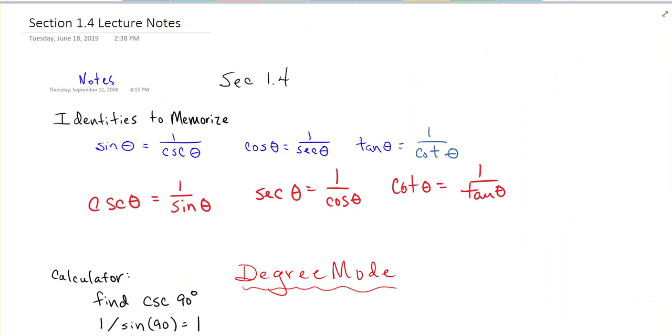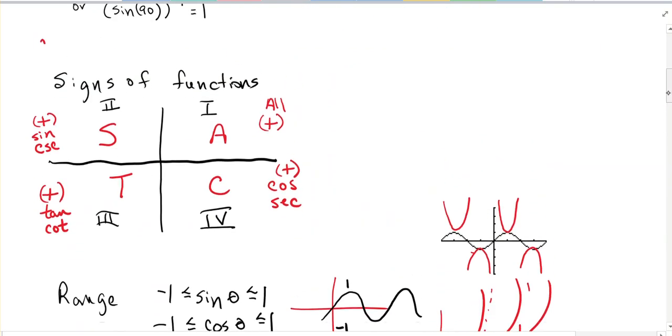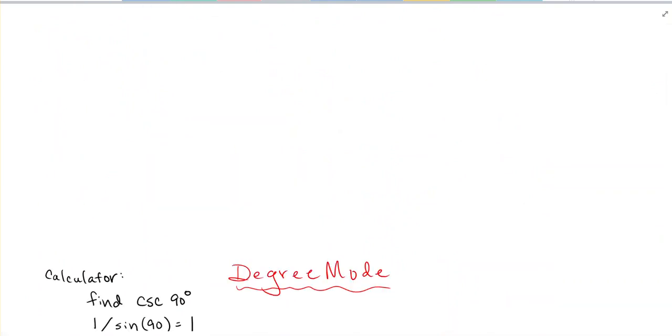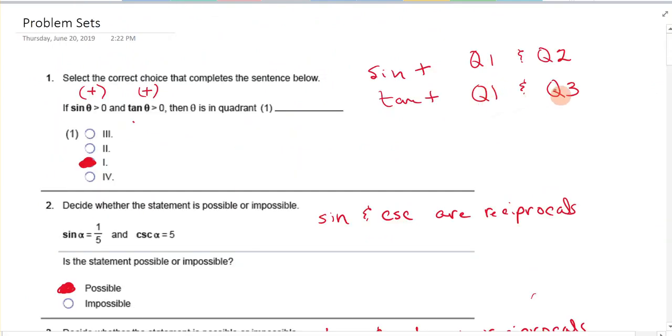Let's go back and look at our diagram here. So sine is positive here, and tangent is positive here and here. So when we go back over here, it's quadrant 1 and quadrant 3. Well, where's the overlap? It's here in quadrant 1. So that's our answer. That's how we'll be able to figure out that one.